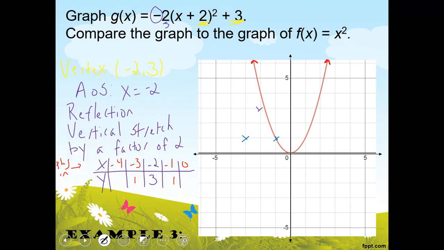And then I can plug in either 0 or -4 into my equation. If I plug in 0, 0 plus 2 is 2, 2 squared is 4, -2 times 4 is -8, and then add the 3, and I should get an answer of -5 here. So my next point, 1, 2, 3, 4, will be down here.